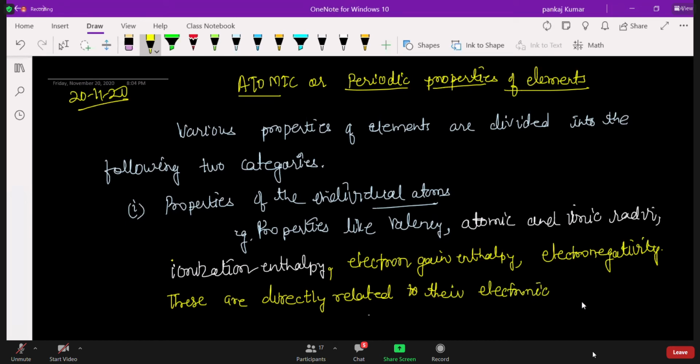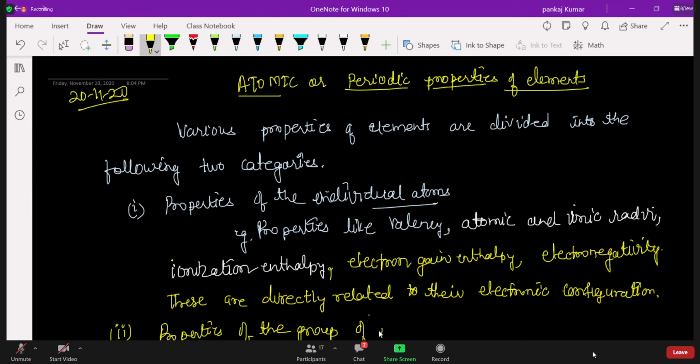Electronic configuration. These properties are directly related to the electronic configuration, and they are properties of individual atoms. Now we are going to see properties of the group of atoms.